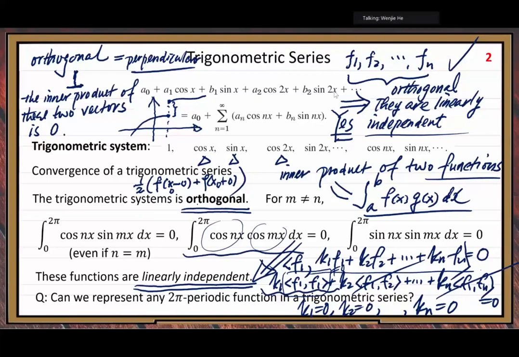And this result took dozens of years to finally get. At the beginning, people couldn't figure it out.